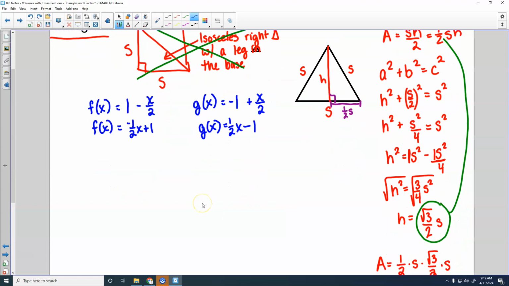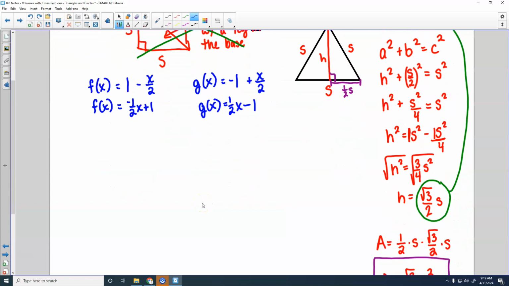So linear problems are not very hard to sketch a graph for. In fact, I would rather sketch a graph than try to do this by setting them equal. The graph will be a little bit easier.